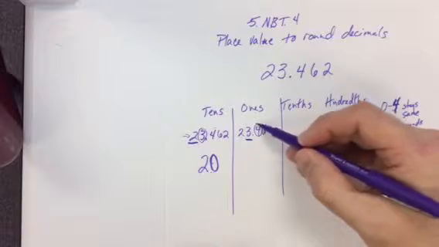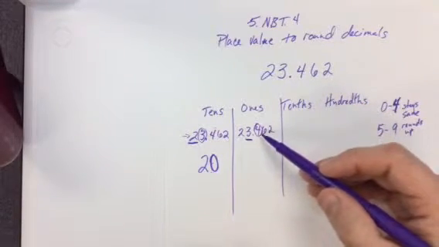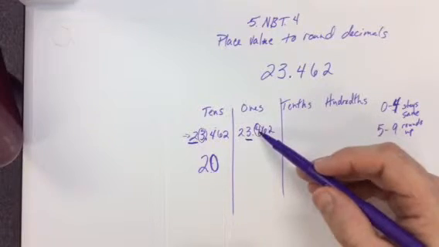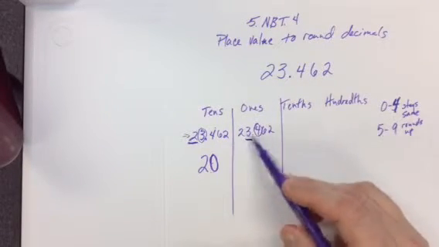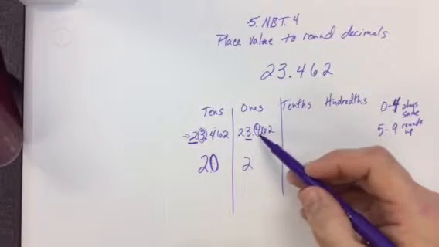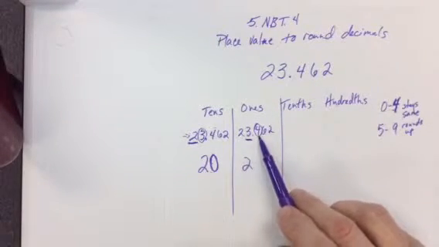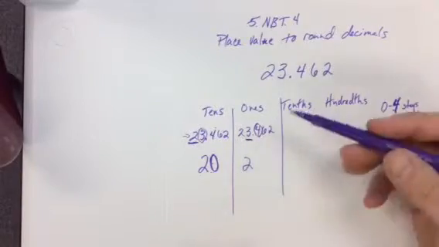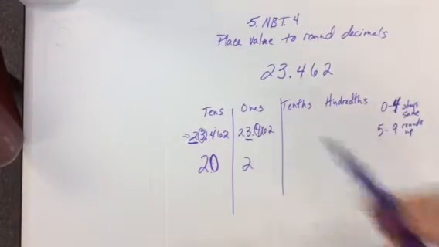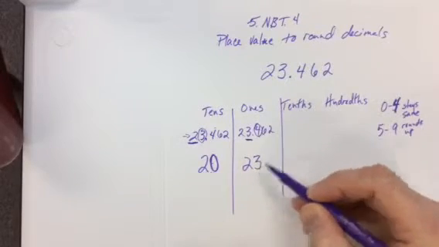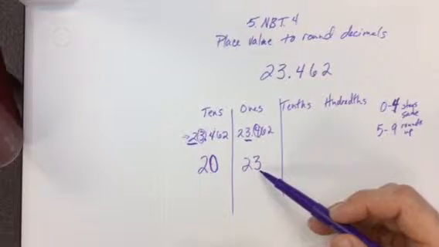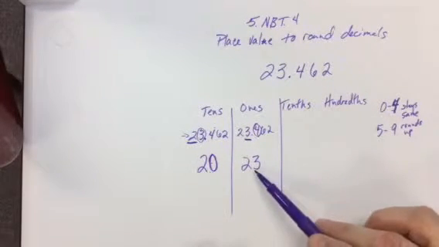And the number I'm looking at to see whether it will round up or stay the same is my 4. I know that I'm going to have 20, and then this 4 says it is closer to 3 than to 4, so I'm going to leave that at 3. So this rounded to the nearest ones place would be 23.